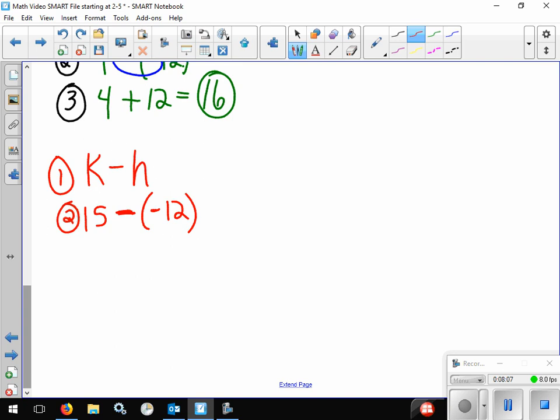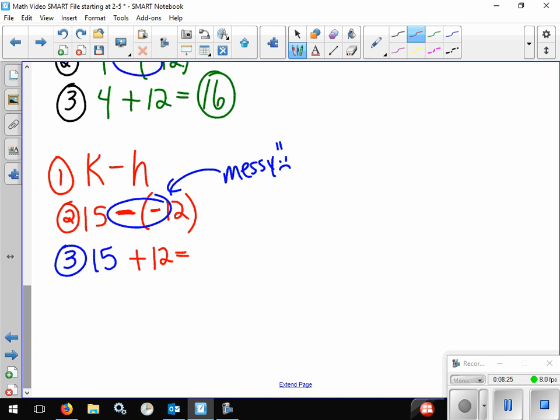Okay, but then you also have to have the negative sign. And then I yell, messy, like that, really loudly. Okay, and you put a sad face, because I don't like messy things. And you rewrite it. 15 minus negative 12. So it's 15 plus 12. 15 plus 12 is 27.